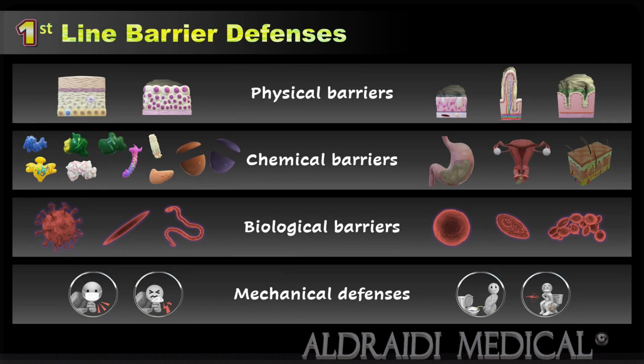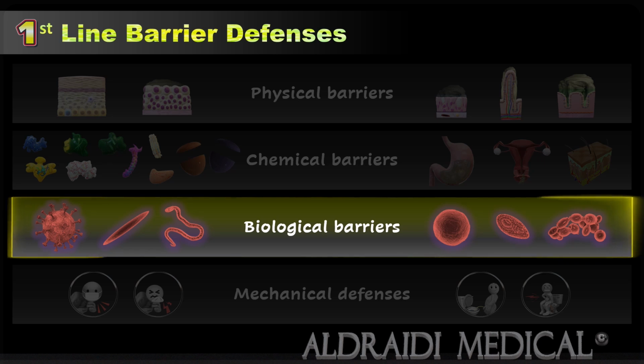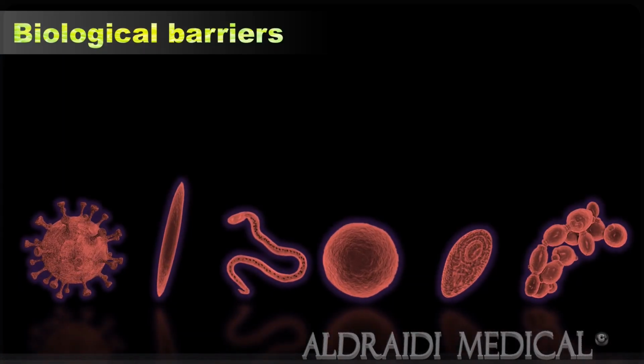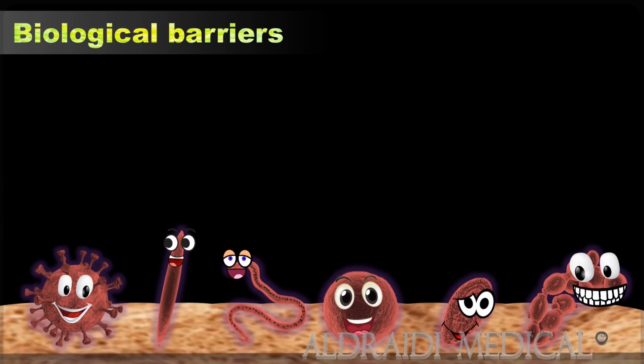Now, the next of our first-line barriers is the biological barrier, which is provided by our commensal microbiota that is normally resident at barrier tissues. The microbiota represent the non-pathogenic microorganisms that normally live on our body's epithelial surfaces harmlessly in a symbiotic relationship.